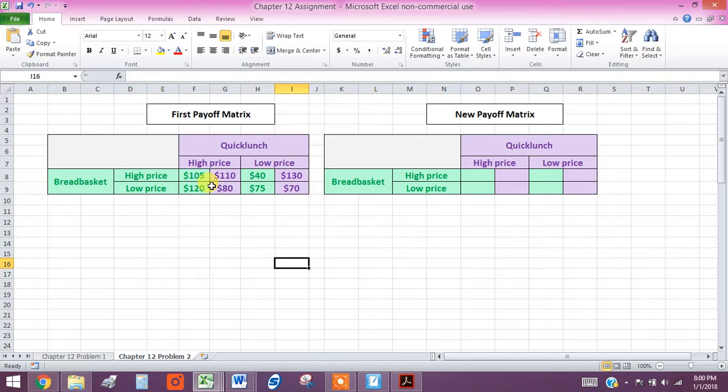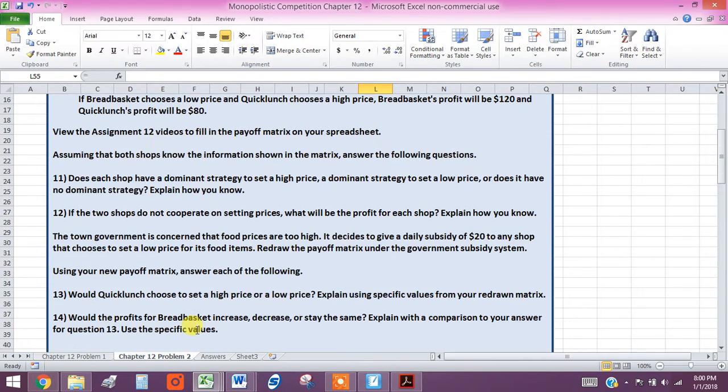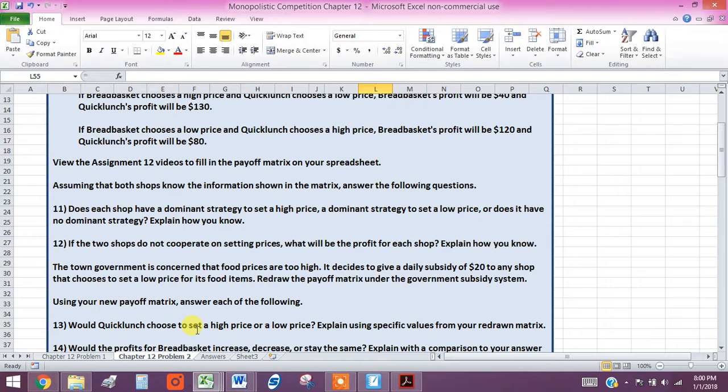But in answering the question, let me think, where is it? It's over here, right? The question is, does each shop have a dominant strategy to set a high price, a low price, or does it have no dominant strategy?